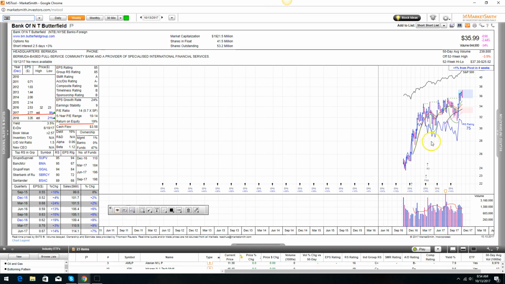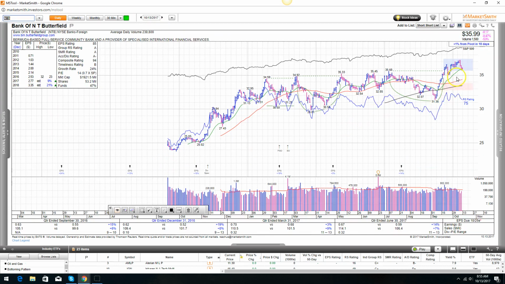But on a weekly chart, most of the banks haven't broken out to all-time highs. The brokers have. But you can see this bank is a leader. It has already broken out to an all-time high. And you got some major accumulation stepping in, so maybe you get this on a pullback, anywhere around 35. But you remember the rule of three, so you had a consolidation, failed breakout. Consolidation, failed breakout.